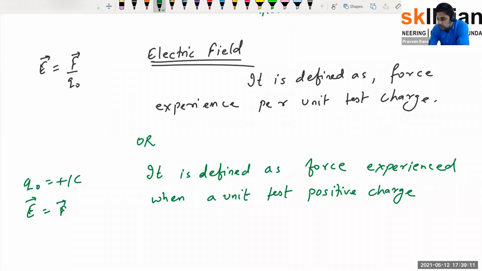So when a unit test positive charge is kept in that field. These are the two ways of defining a quantity: either you say it is force per unit charge or it is force when the charge is 1.